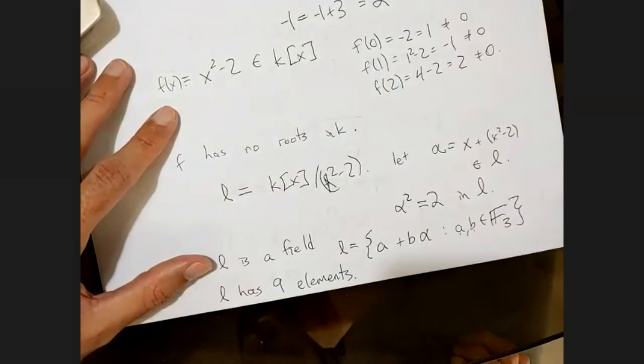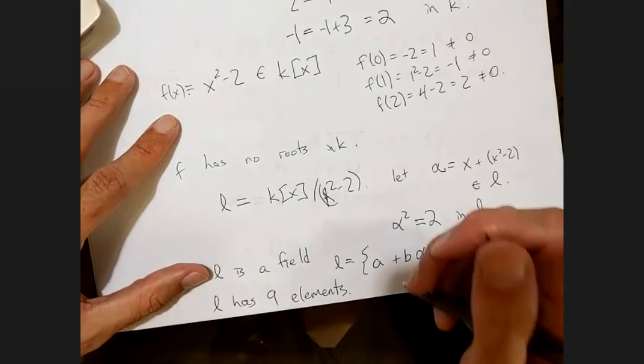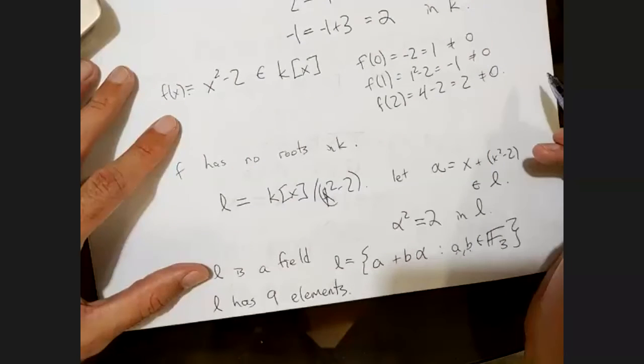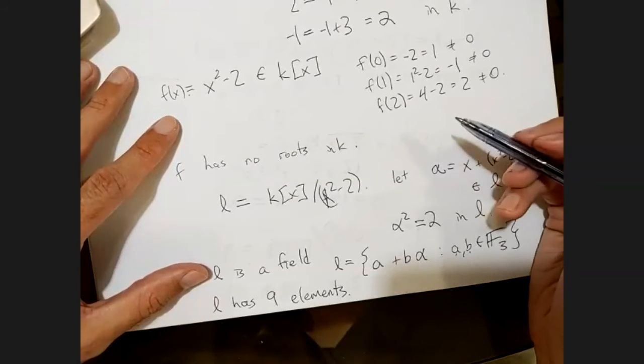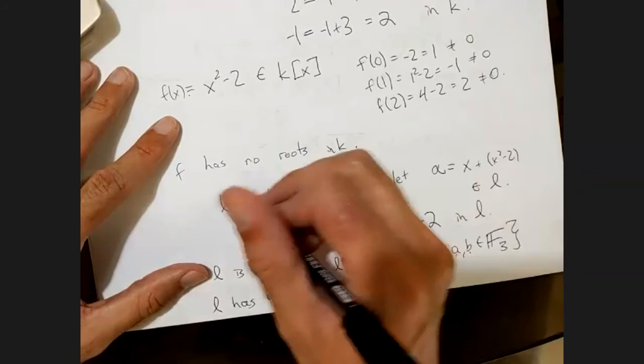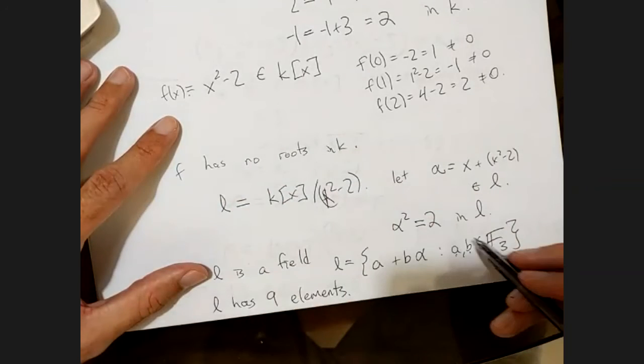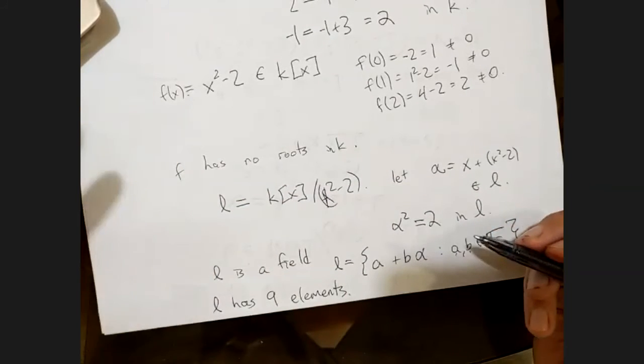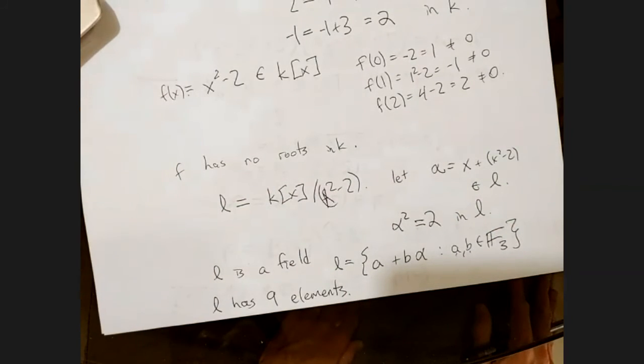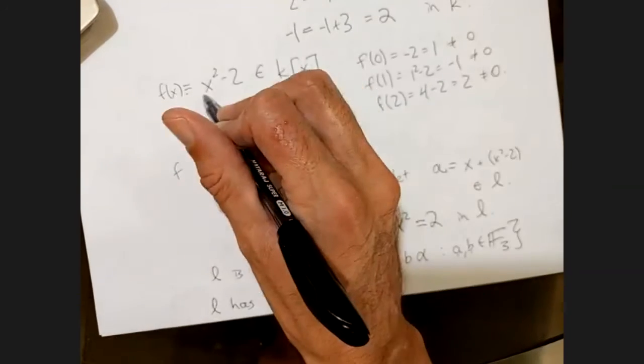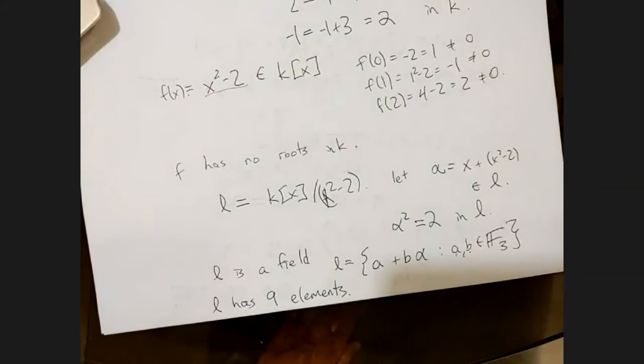So if you had a problem with the fact that 2 is not a square mod 3, you can fix your problem by looking at this field L. Now in L, 2 is really alpha squared, so it is now a square. And the ability to do that just comes from x squared minus 2 being irreducible.